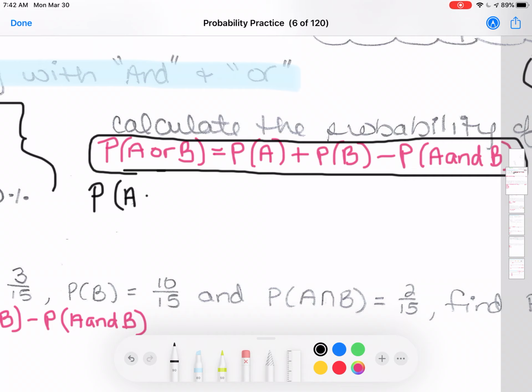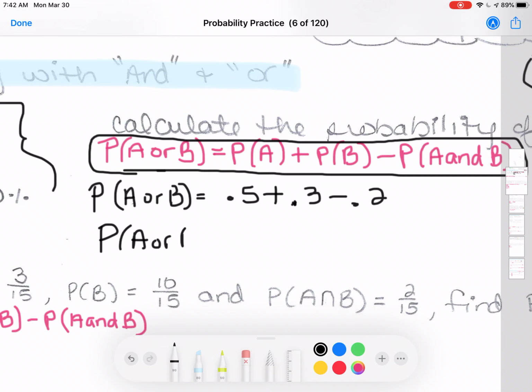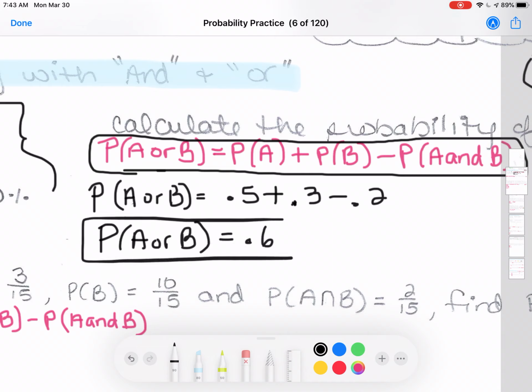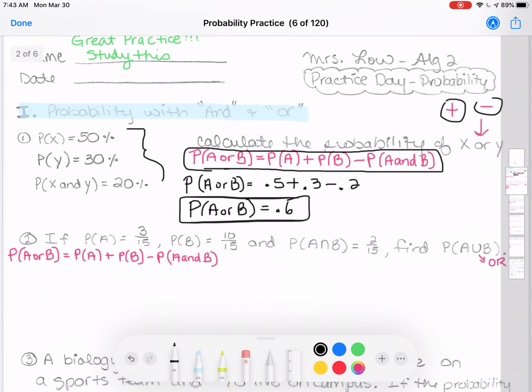So the probability of A or B is equal to 0.5 plus 0.3 minus 0.2. So the probability of A or B is equal to 0.6. And that's it. So it's just substituting in. Okay, basic formula.